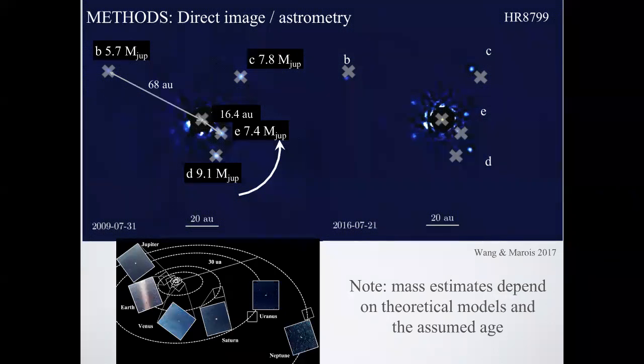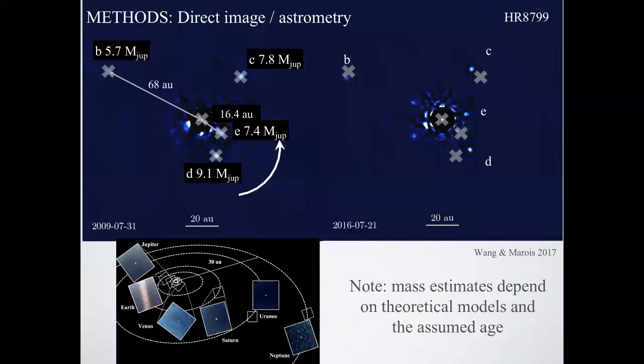It is called HR8799, and it has at least 4 planets at distances that resemble in some way the outer part of the solar system. You have a comparison below, but the planets that we have been able to detect are much more massive. But a note of caution: the way we derive the masses here is just a crude estimate, because it depends on theoretical models and they assume an age.